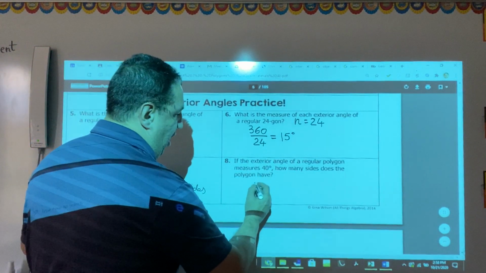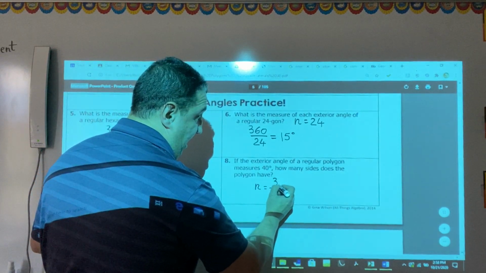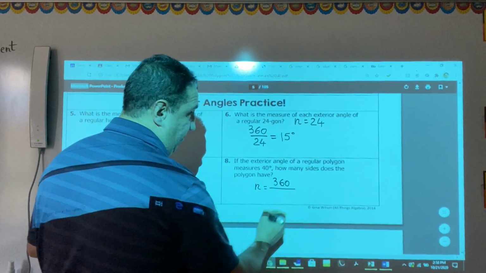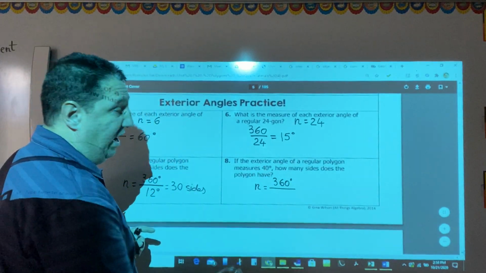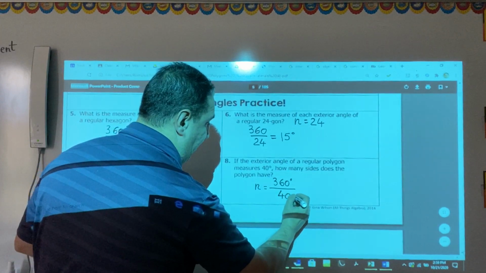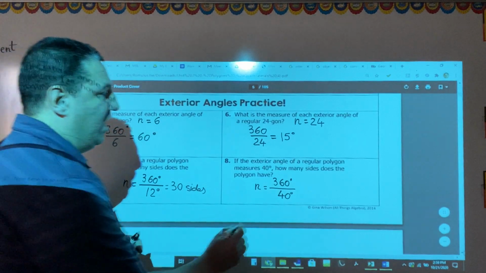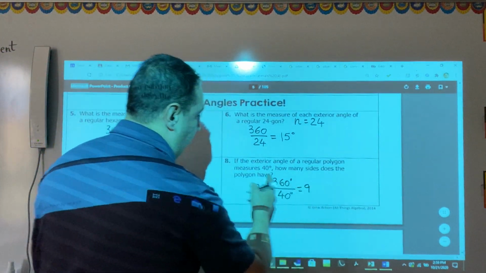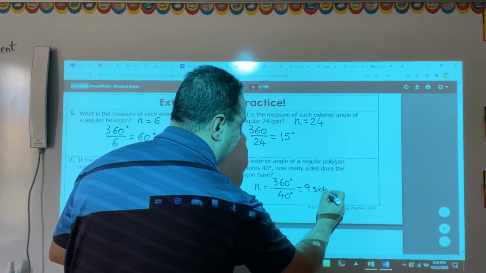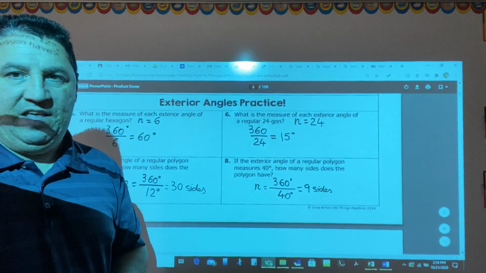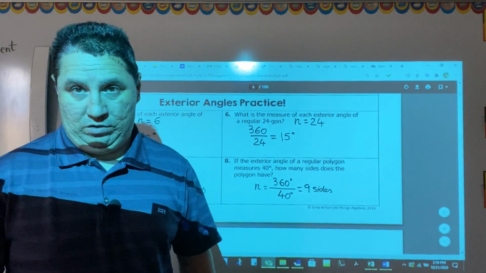So, to find the number of sides, we divide the sum of exterior angles of the polygon, which is always 360, by the measure of one exterior angle, which is 40 in this case. 360 divided by 40 would be 9. So this regular polygon will have 9 sides. Remember, the name of a polygon with 9 sides is nonagon.